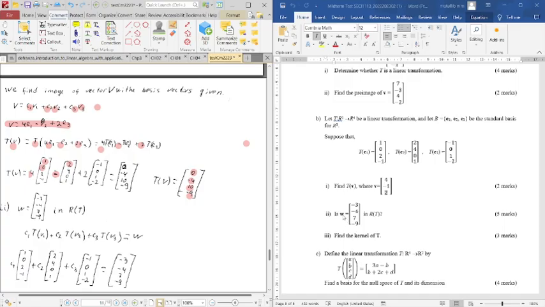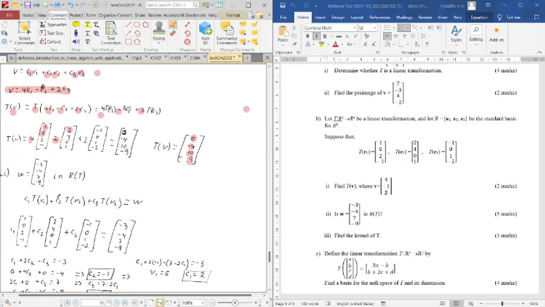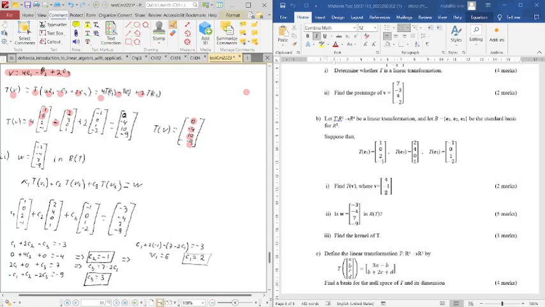We need to check if the vector is in the range of T. To find this, we need to check it with this equation: some constant times the transformation of V1, plus C2 times the transformation of V2, plus C3 times the transformation of V3, equals the given vector, to check if this vector is in the range of T.